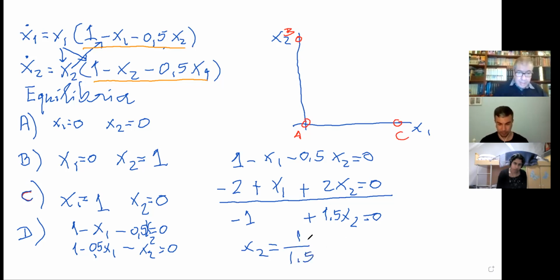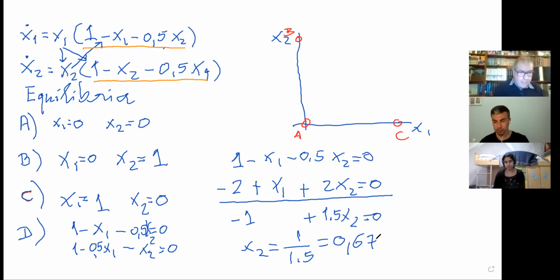This is approximately the result, so I remember it. You can compute it with MATLAB or with the calculator in your phone or whatever you want.